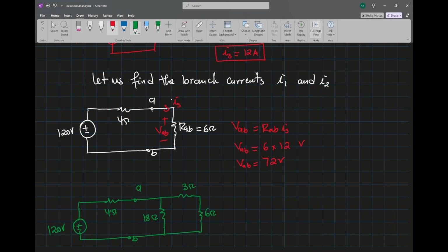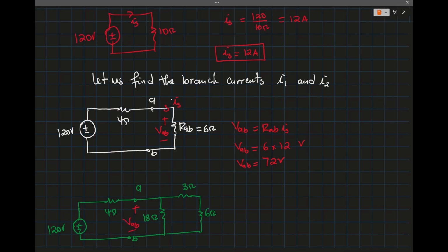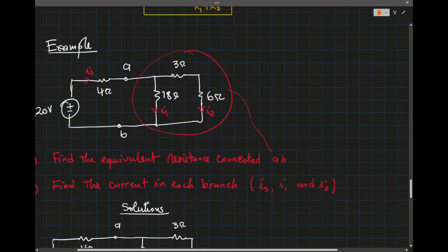So we know the voltage over here, VAB, which is the voltage across the 18 ohms. So we can find the current I1, right? That's the current to the 18 ohm.